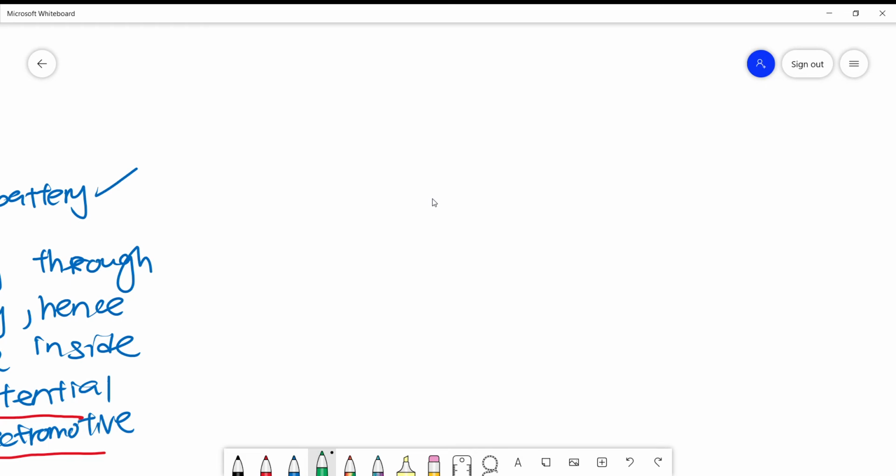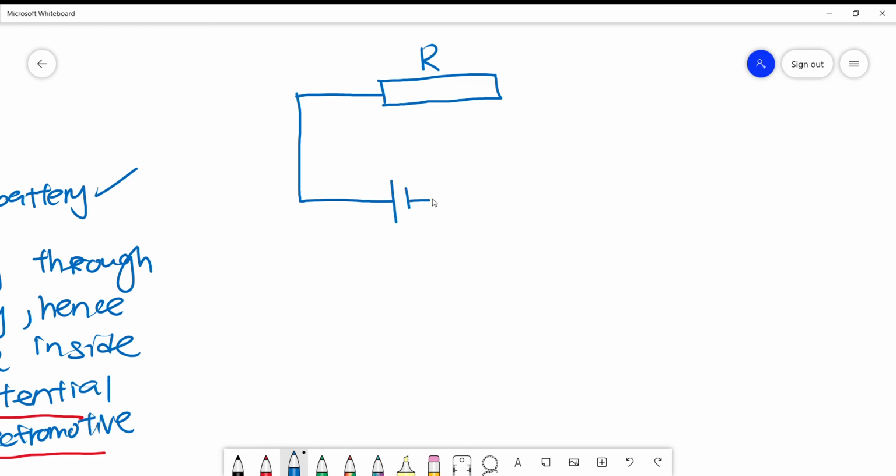Let's begin with a diagram of the circuit. Give me a moment, let me just draw a circuit here. This is the circuit, and this is the resistor, and the resistor is connected to a battery.